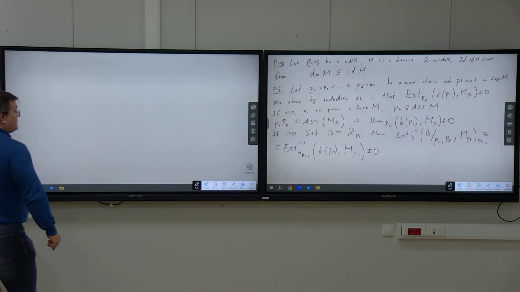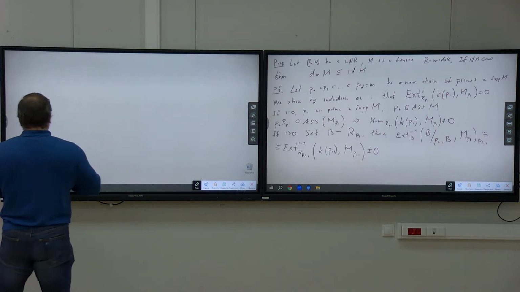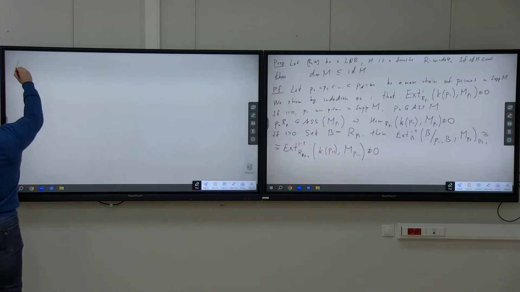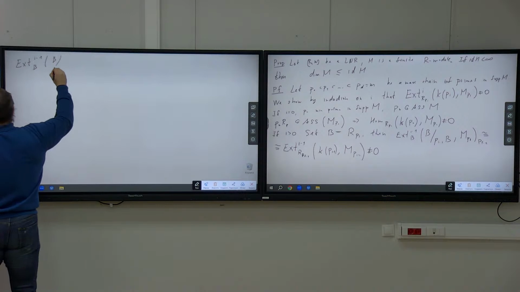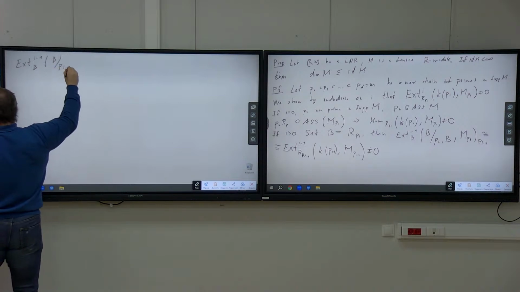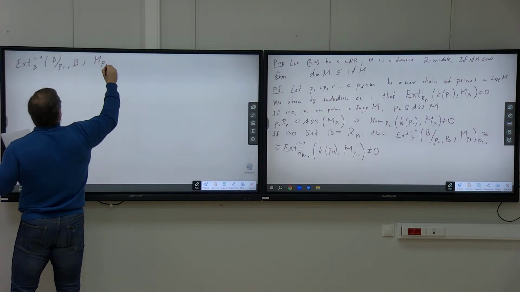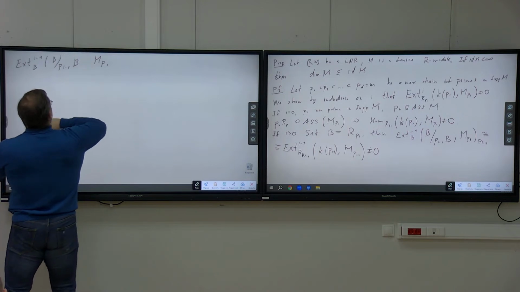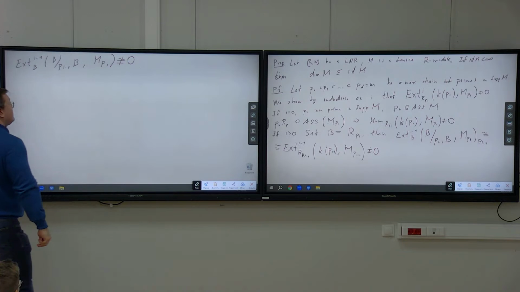If the localization at P(i-1) is not equal to 0, this is only possible if the module Ext with the index I minus 1 over B, modulo P(i-1) B, and M_Pi is not isomorphic to 0.